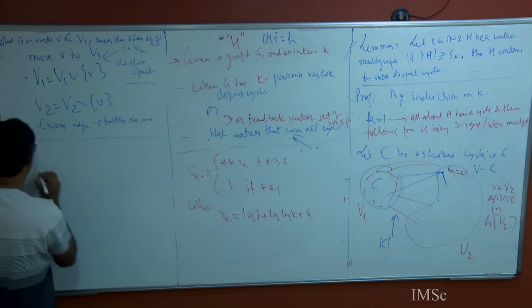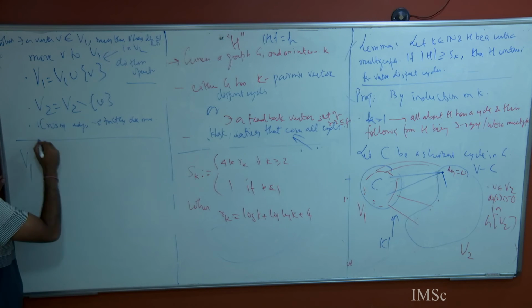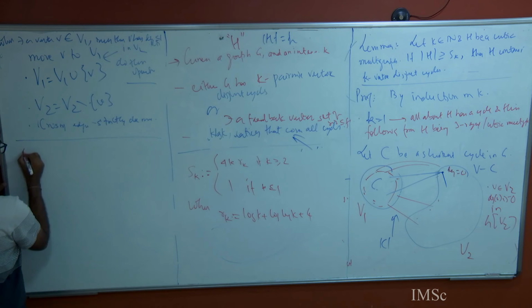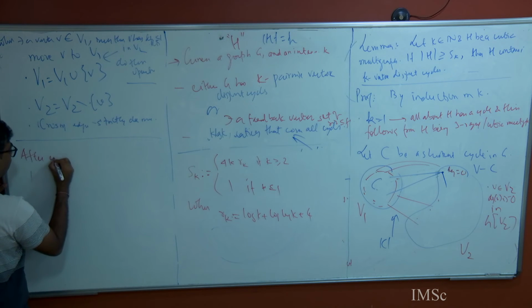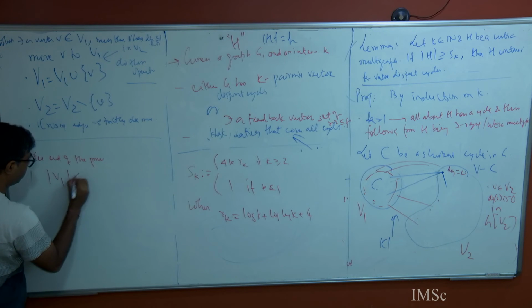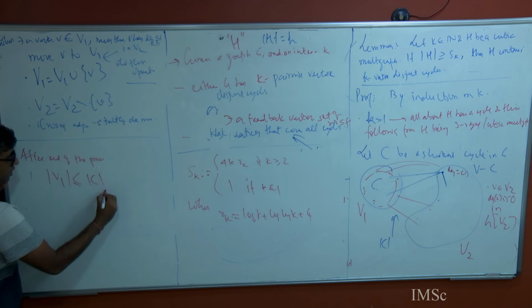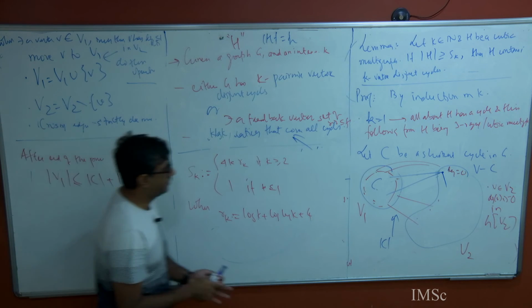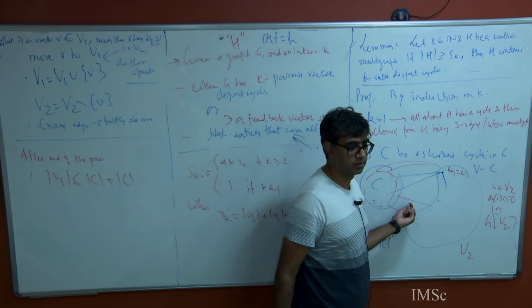Now after this process, what is the size of V1? At the end of the process, the size of V1 is upper bounded by |C| plus at most |C|, because each time you decrease the number of crossing edges.